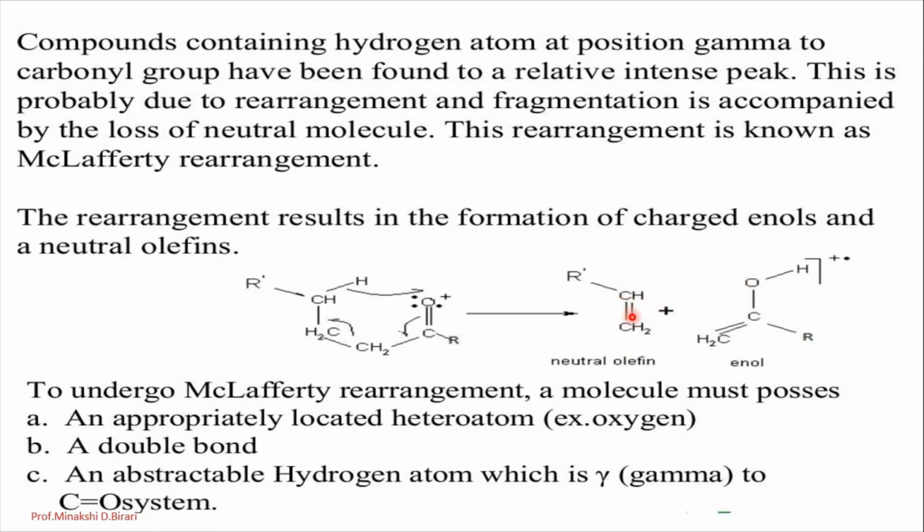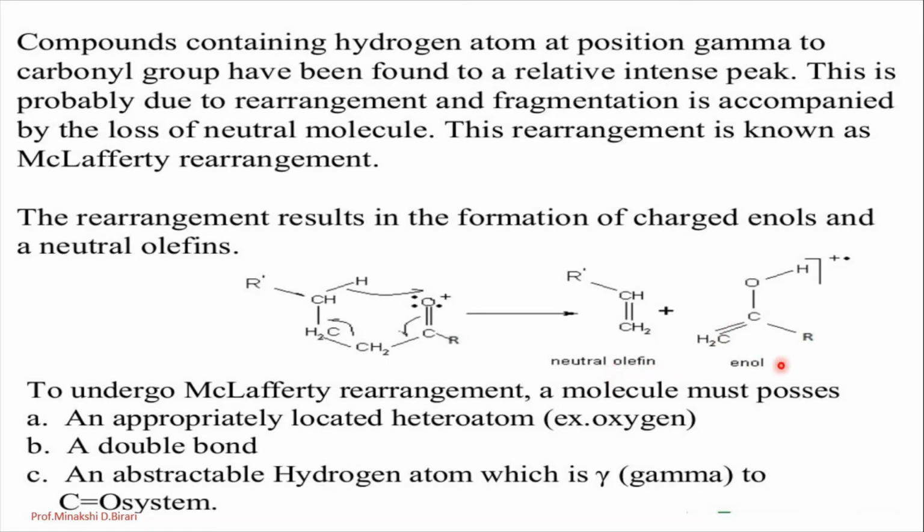So here if we consider this rearrangement, the compounds containing hydrogen at the position gamma to the carbonyl group will show a relatively intense peak, and this is only due to the rearrangement. And here the fragmentation is accompanied by the loss of a neutral molecule, and there will be the formation of a neutral olefin and the enol.